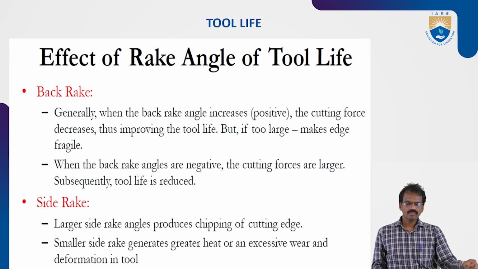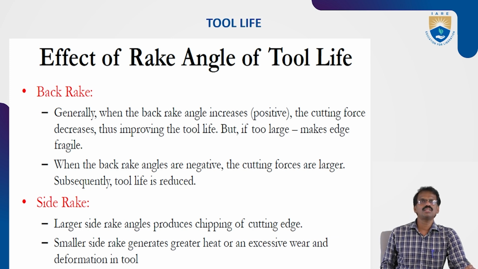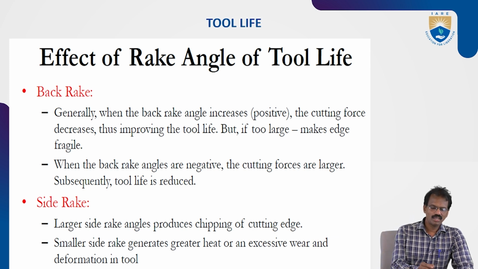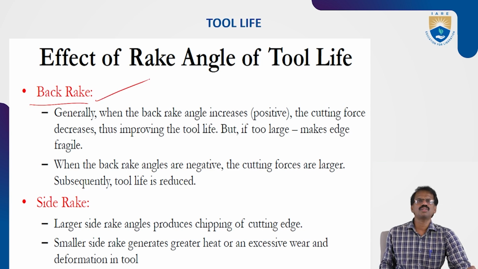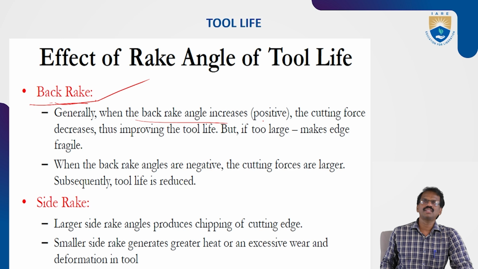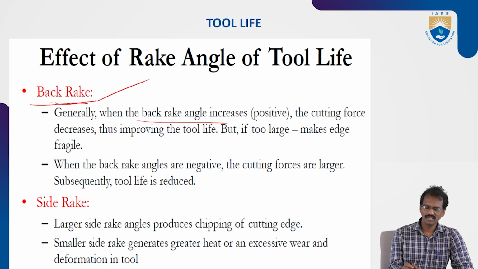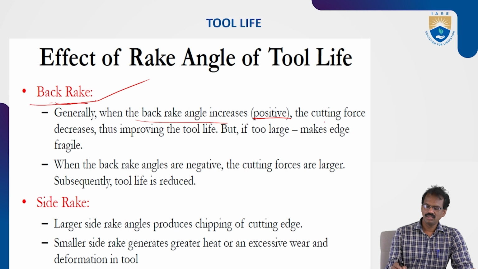Next, we will see some parameters which influence the tool life. The first is the rake angle or rake face. The first one is the back rake angle. Generally when the back rake angle increases, meaning the positive rake angle increases, the cutting force decreases, so that automatically improves the tool life.